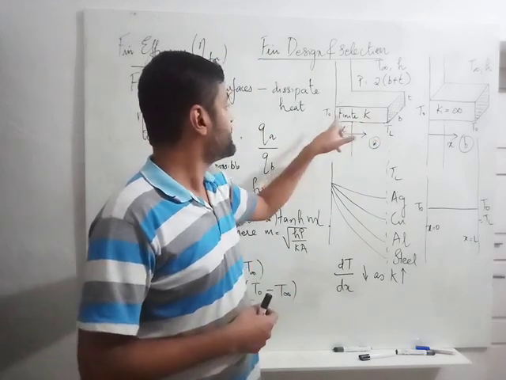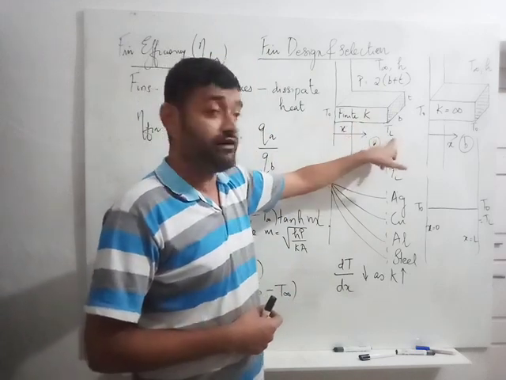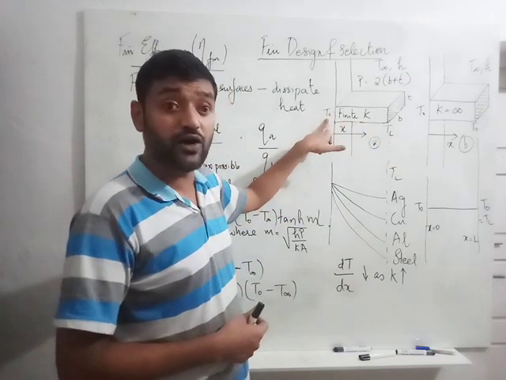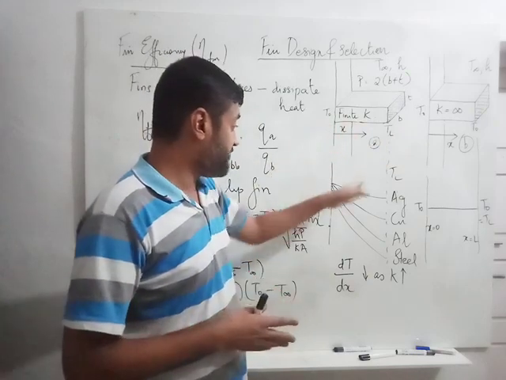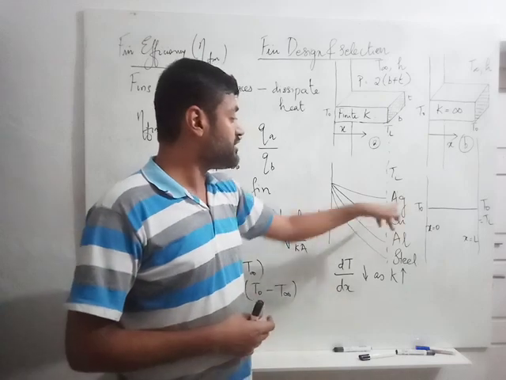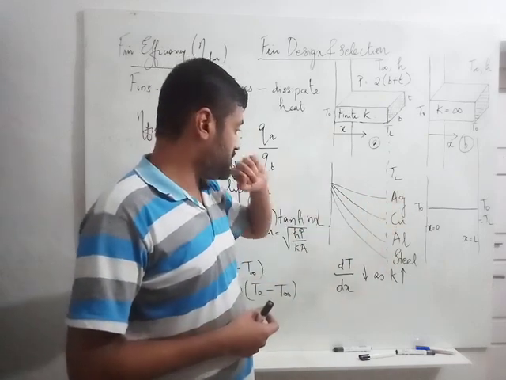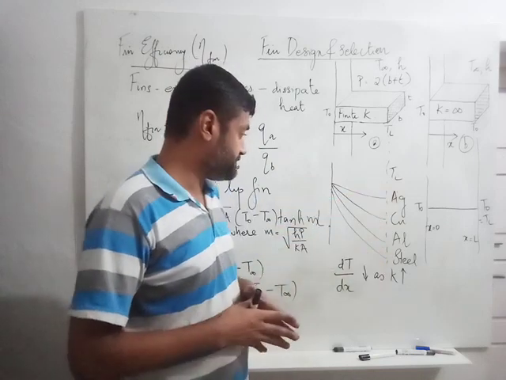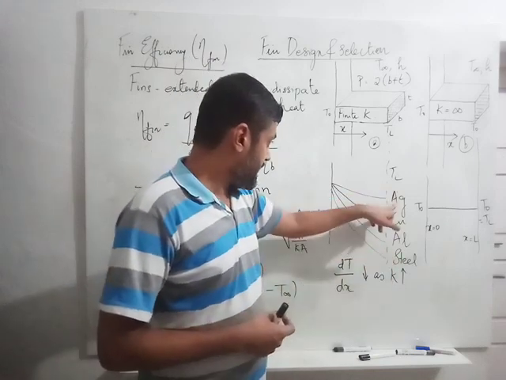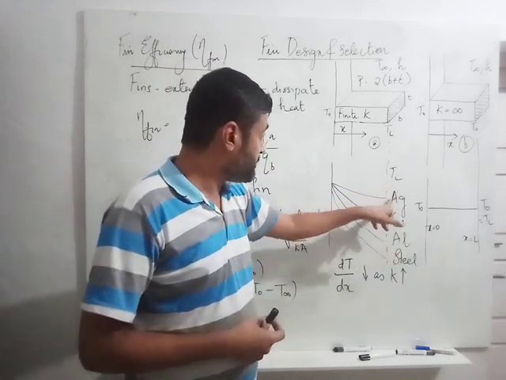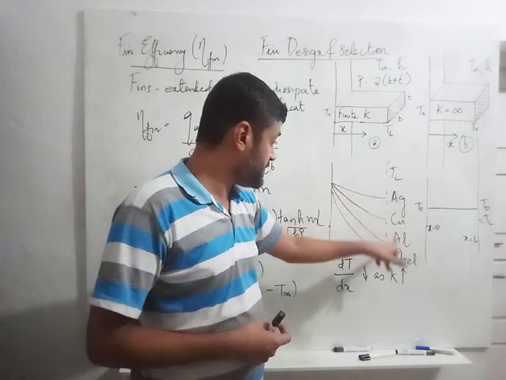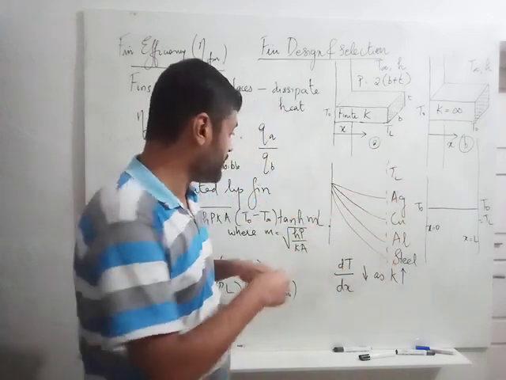Now, as K varies, the values of TL for the same T0 will also keep on varying. I have plotted the variation for different materials. Now, if you look at this carefully, if I change my material, the temperature at the end, TL, will keep on changing for the same value of T0.